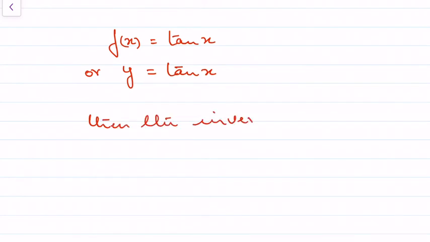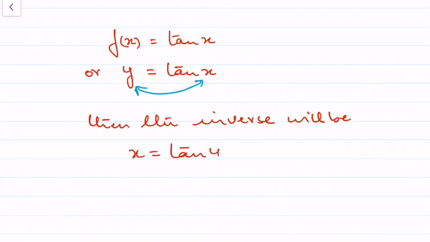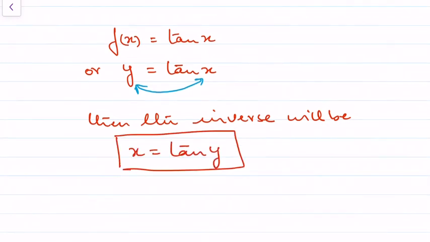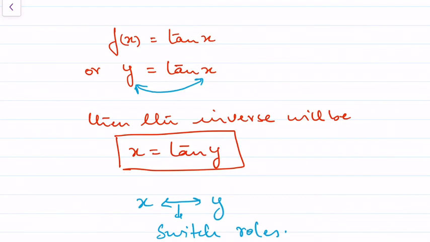Also, if the function f(x) = tan x, or we can write it as y = tan x, then the inverse of this function will be just switch x and y, and we will get x = tan y. So the roles of x and y will get interchanged.